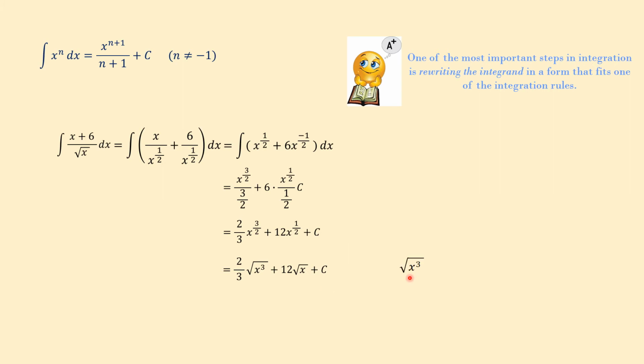We can rewrite a square root of x to the 3 in the form of a square root of x squared times x, and if you pull out x squared from radical, it equals x times the square root of x. So finally, we can write our answer as 2 over 3 x times the square root of x plus 12 square root of x plus c.